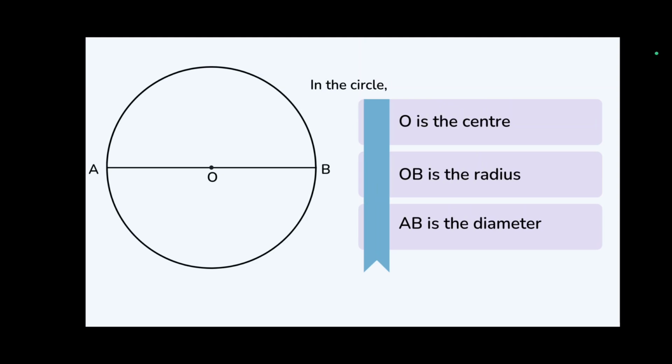It passes through the center O and touches both sides of the circle. So, AB is the diameter of the circle. Remember, O is the center, OB or OA is the radius of the circle and AB is the diameter of the circle. And as we recalled earlier, diameter is equal to 2 into radius.